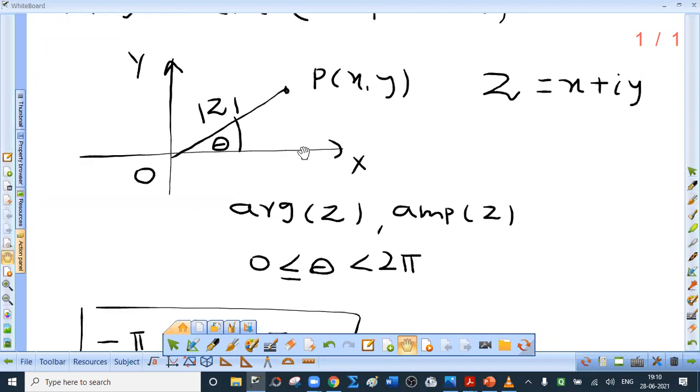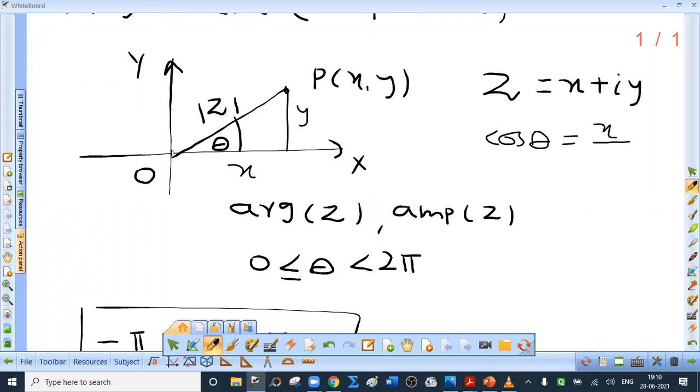In fact, from this diagram, we can say, I hope you will understand this, what is cos theta? See, if I complete the triangle, then this much is x and this much is y. What is cos theta? Cos is adjacent side x upon hypotenuse.